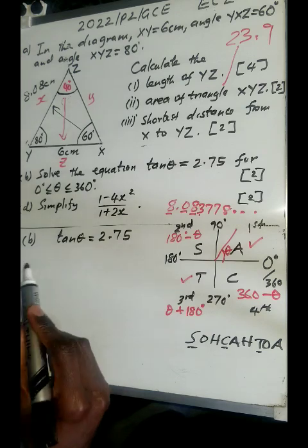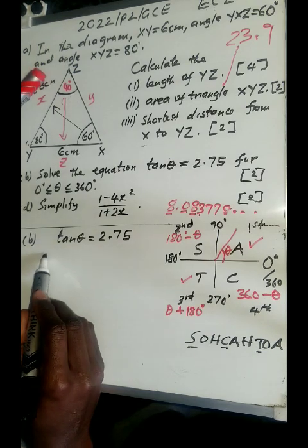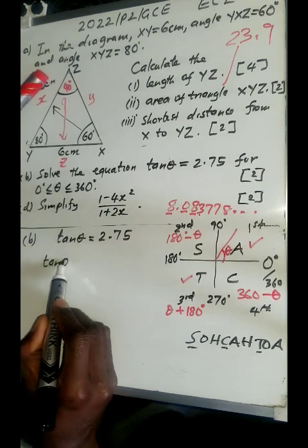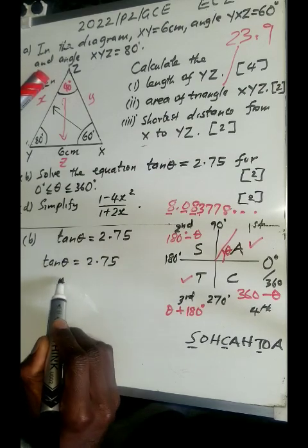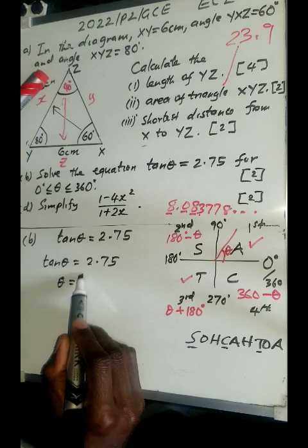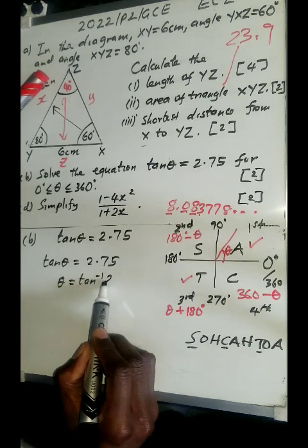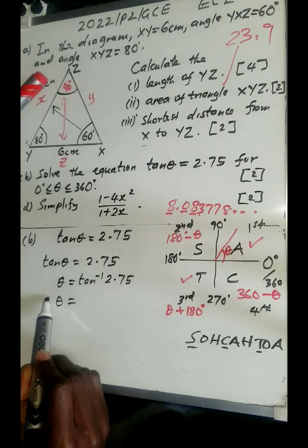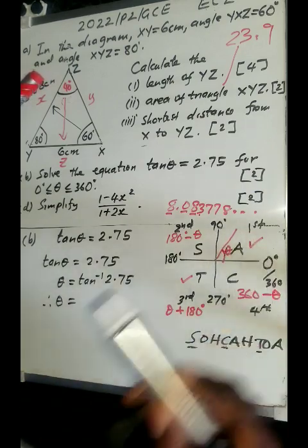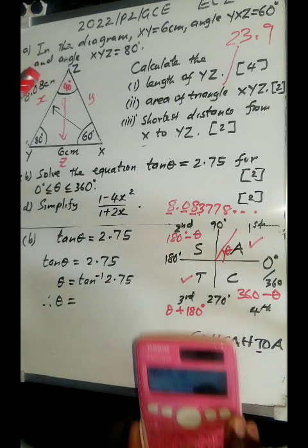So since tan theta is equal to 2.75, how do I get the angle theta? You simply say the inverse tan of 2.75. The first angle that you get is always the angle in the first quadrant. That is what we mean.